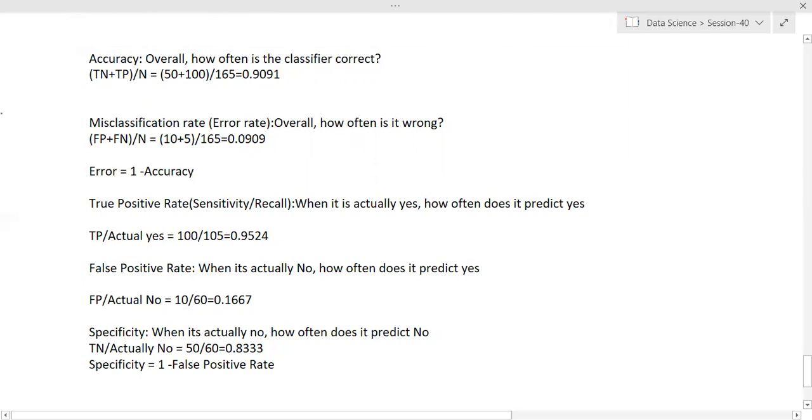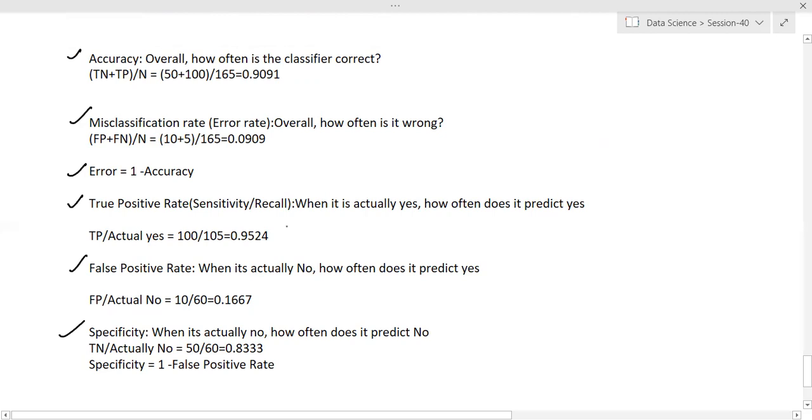Okay, guys, here there are certain aspects like accuracy, misclassification rate, error, true positive rate, false positive rate, and specificity. Like that, some other things also, where you can observe some kind of scores.